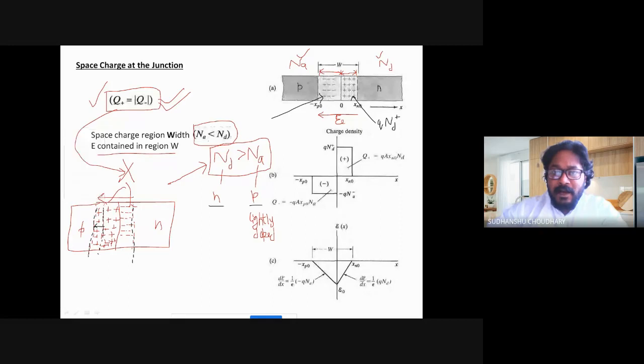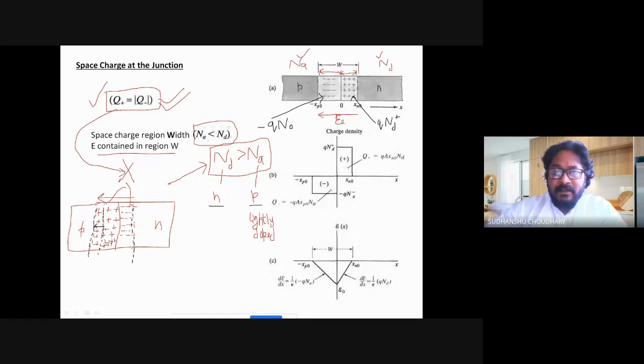Similarly, the charge density in the region towards the p side, that is this region, can be written by simply multiplying charge. Since this time it is negative charge, I'll write minus Q multiplied by the acceptor concentration, that is Na.